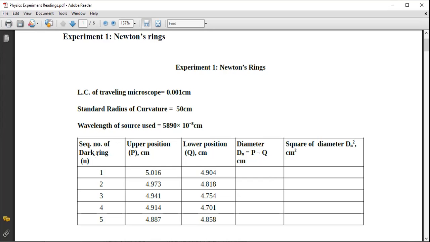So for this experiment, after calculating Dn, we have to plot a graph, then find the slope, and put it in the formula, no?